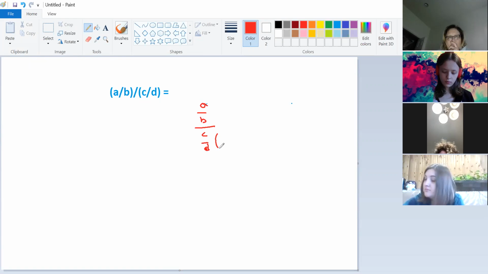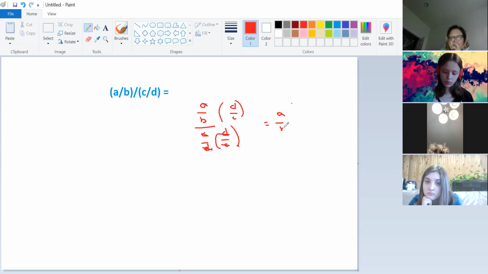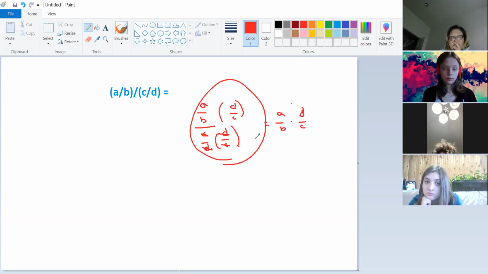Well, if I take this C over D and if I multiply it by D over C, it's like multiplying by 1. It doesn't change it at all, but this crosses that out, that crosses that out. And what do you get? You get A over B times D over C, right? It's just like flipping it. This is how you would prove it.